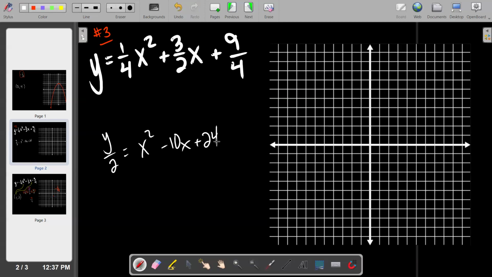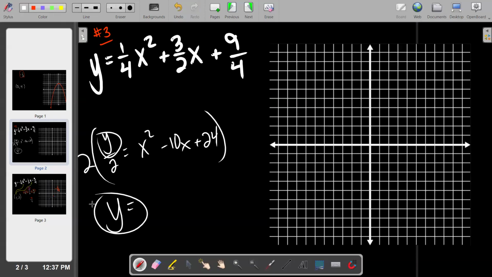Which is rad because the numbers are smaller. But since the y is not by itself anymore, we'd have to turn right back around and remultiply it by 2. Bottom line is the fact that it says y equals is very significant, and we can't do anything that makes it not say that. Does that answer your question? Longer answer than you wanted, but it's a really important question. No, you may not. With these, you get what you get.